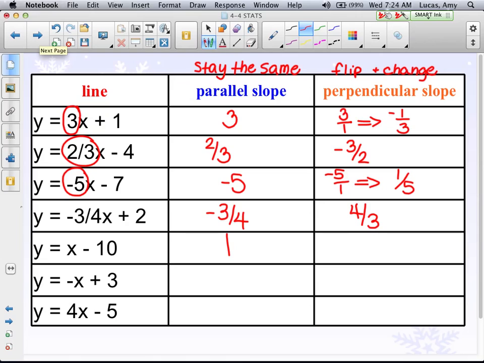For 1, remember that when we wrote 1 as a fraction and flipped it and changed it, it just turned into -1. -1 then, if we flip it and change it, turns into +1. And the last one, 4, would be -1/4.